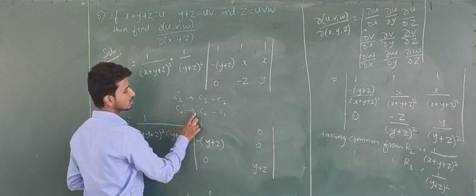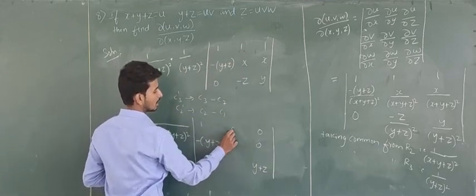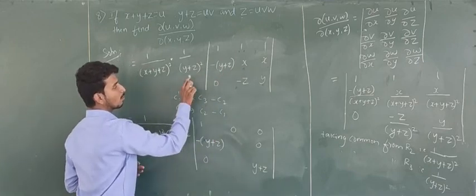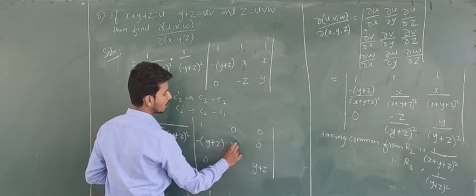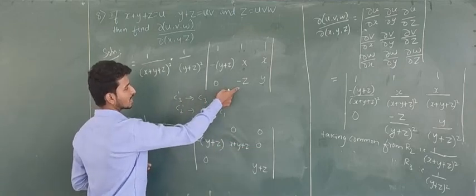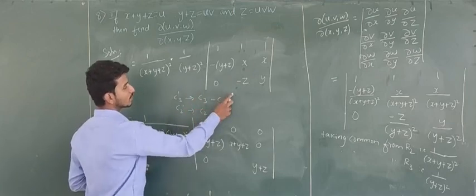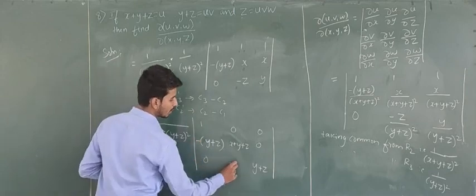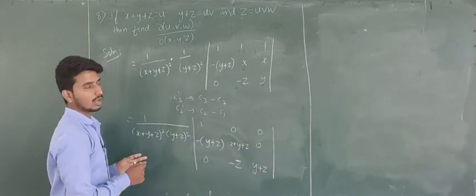Now C2 dash is C2 minus C1: 1 minus 1 is 0, x minus of minus (y plus z) is x plus y plus z, and minus z minus 0 is minus z.